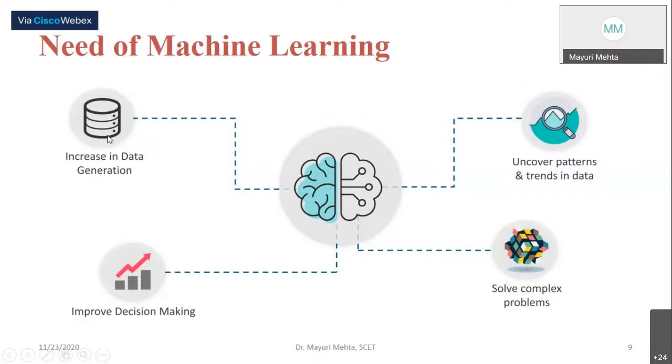Due to this excessive production of data, we need a method that can be used to structure, analyze, and draw useful insights from this data. So this is where machine learning comes into the picture, and it uses data to solve problems and find solutions to the most complex problems in industry.